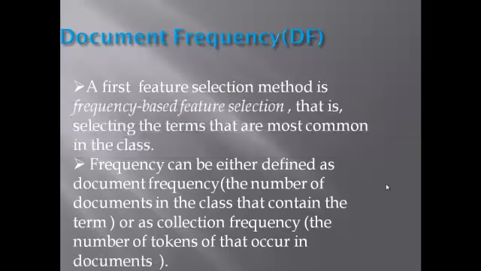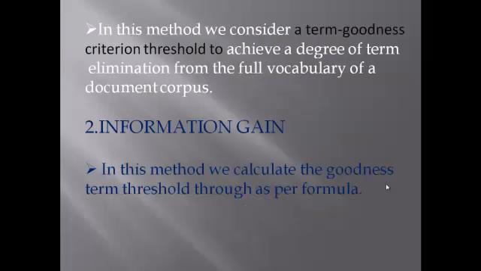We find the number of ones across all the documents, and we select a minimum threshold. If the count is less than the threshold, then we consider it a more frequent term. If the count is greater than the threshold value, it is considered an uninteresting term.